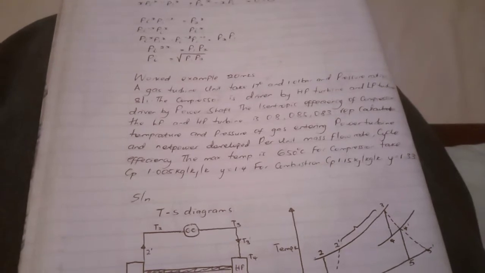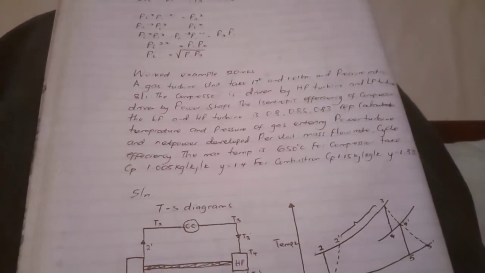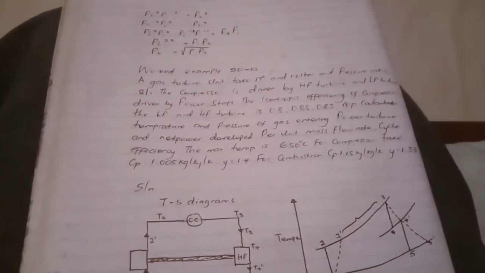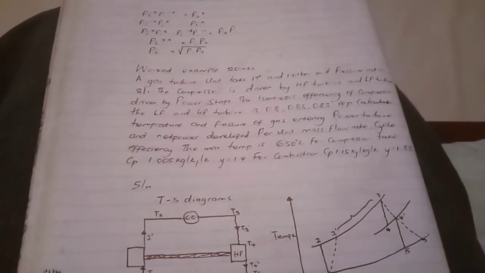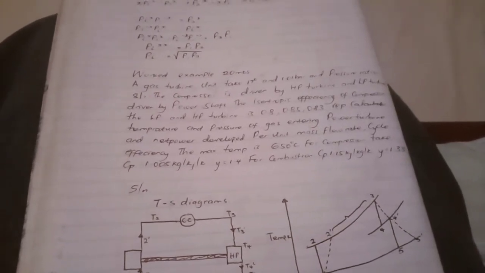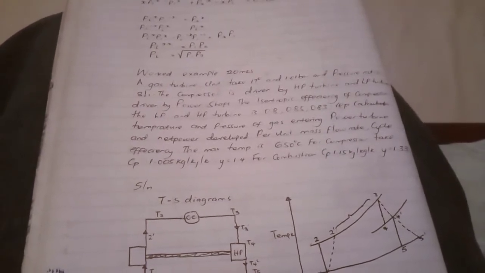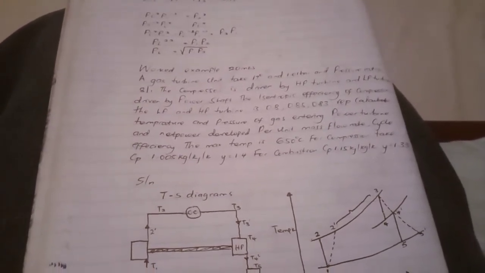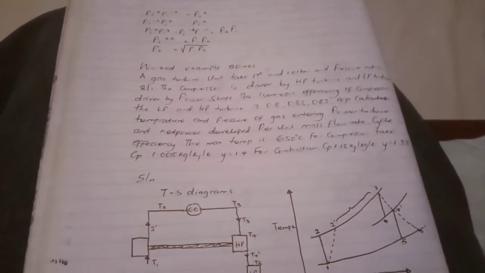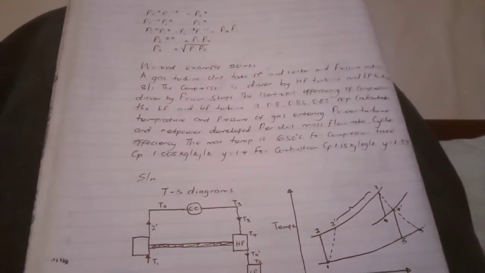Calculate the temperature and the pressure of the gas entering the power turbine, the net power developed per unit mass flow rate, and the cycle efficiency. The maximum temperature is 650 degrees.